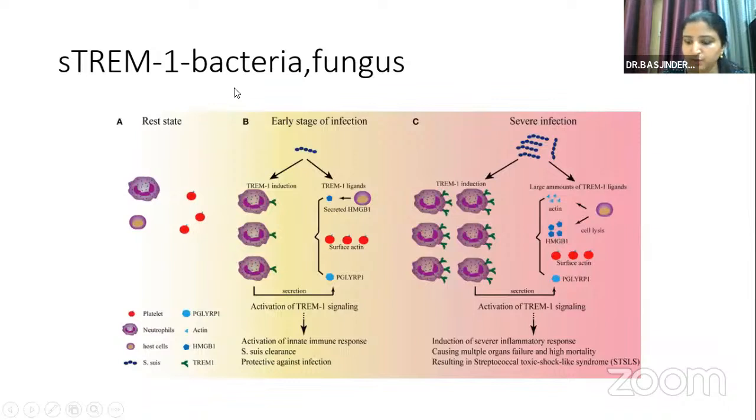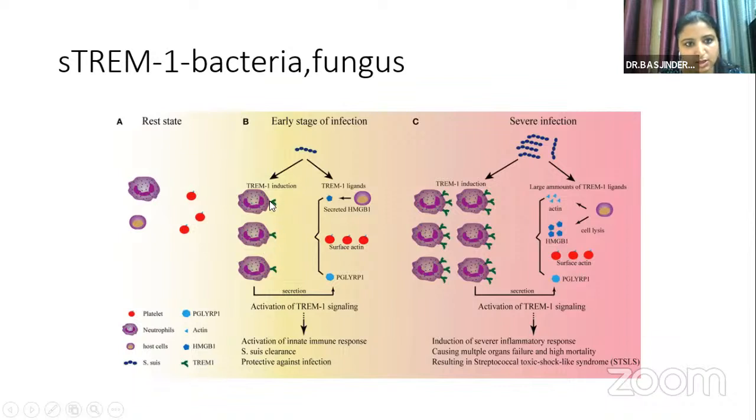So coming on to the next, there are two types of receptor biomarkers: one is STREM1 and another is SUPAR. STREM1 is soluble triggering receptor expressed on myeloid cells 1. It is basically triggered by both bacteria and fungus. You can see this is our myeloid cell, and in the early stages of infection, this is our TREM1 molecule.